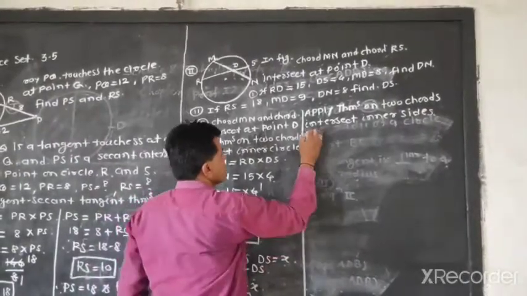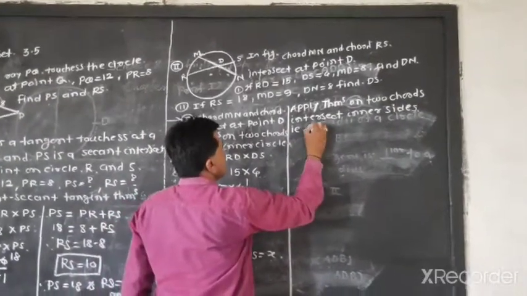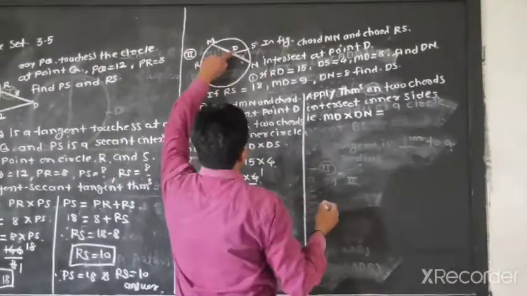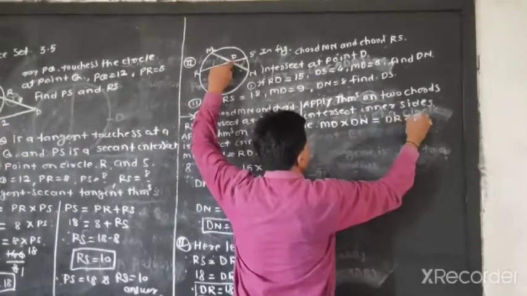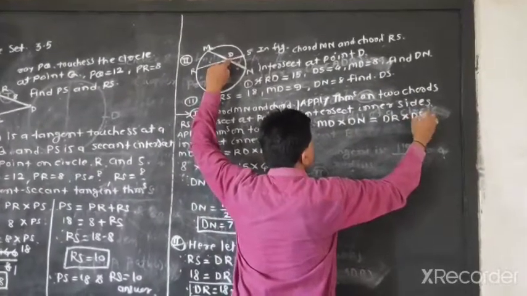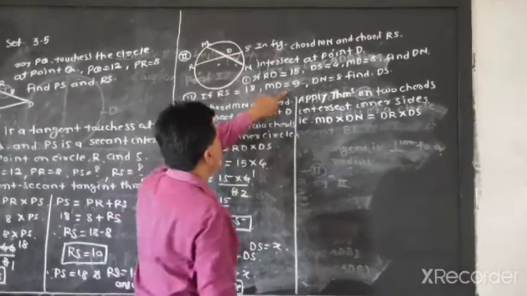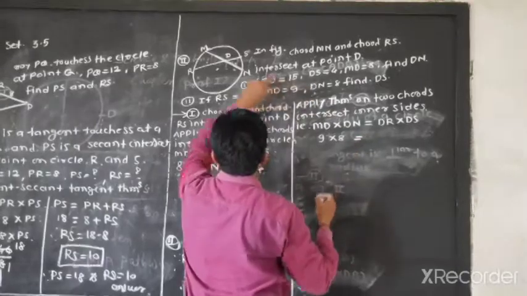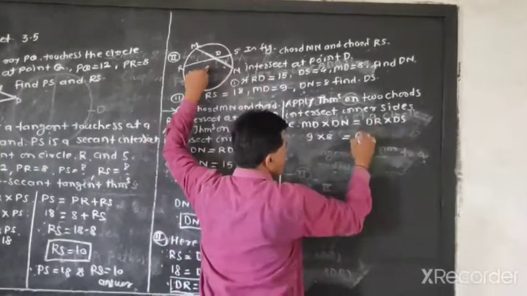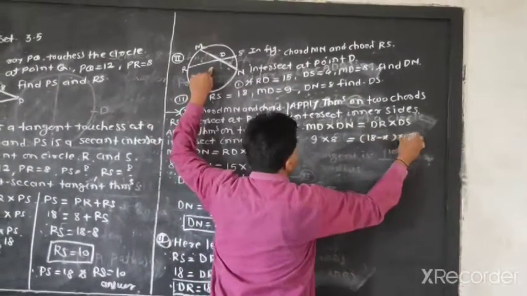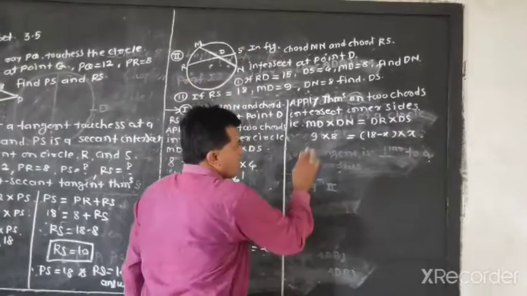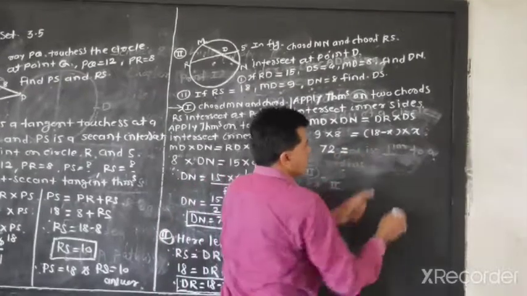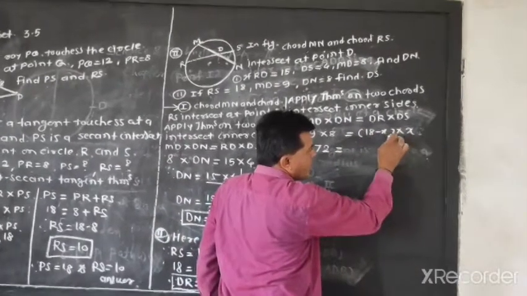That is MD multiplied by DN is equal to DR multiplied by DS. Here the value of MD is 9, DN is equal to 8, DR is equal to 18 minus x, and DS is equal to x. Then 9 multiplied by 8 is 72, equal to 18 minus x in brackets multiplied by x.